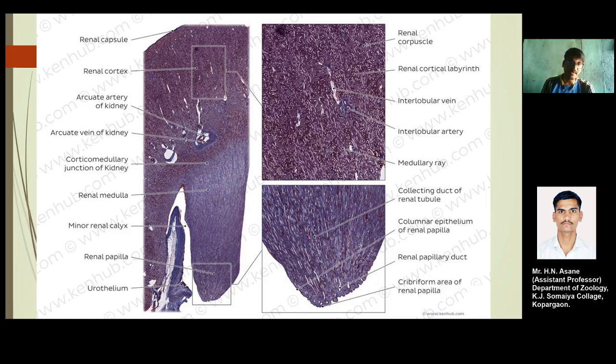Then if we magnify the renal papillae, okay, we magnify the renal papillae over here, in that section you will see the renal papillary ducts, where each papilla is going to open into the sinus. These renal papillary ducts combine together.